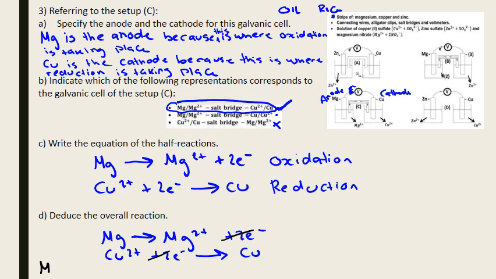So we write Mg plus Cu2+ on the left of the arrow, and we write an arrow which gives us Mg2+ plus Cu. Okay, and this is the overall reaction.